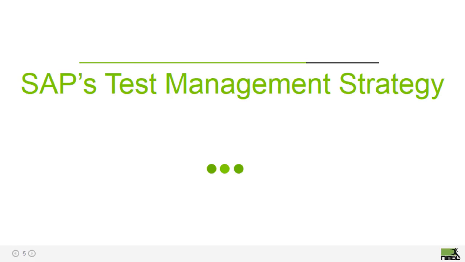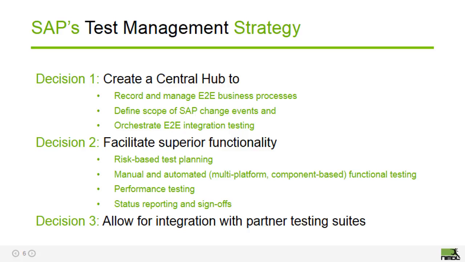So SAP's test management strategy can easily be broken down into the following 3 decisions. Firstly, to address the issue of not knowing where the integration points between your applications are, the decision was to create a central hub where you can store your business processes, and not only the business processes for SAP, but across your landscape.